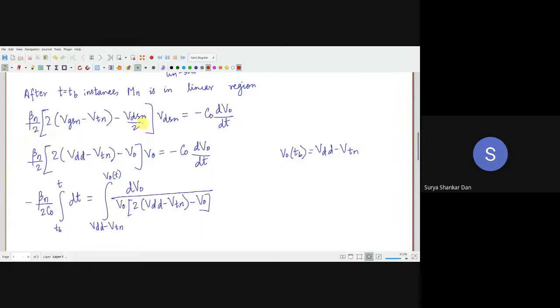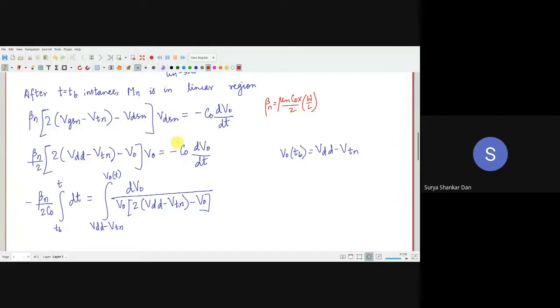So here what I shall do is, I'll bring this to outside because I'll say this beta n will be equal to mu n Cox by 2 W by L. Then instead of putting beta n by 2, I will just bring the 2 outside. That will become mu n Cox W by L by 2.